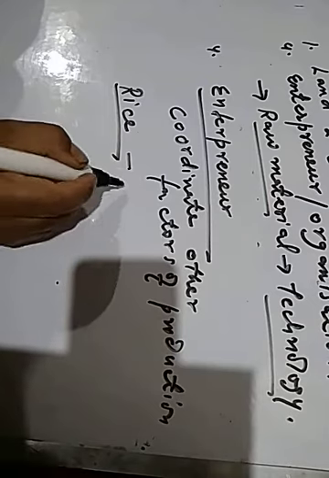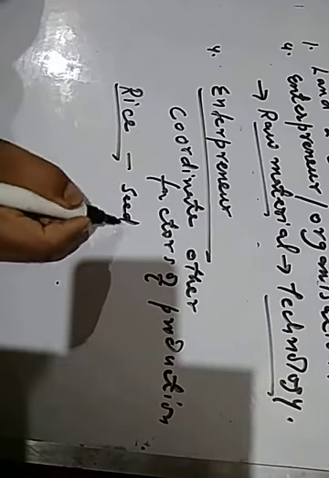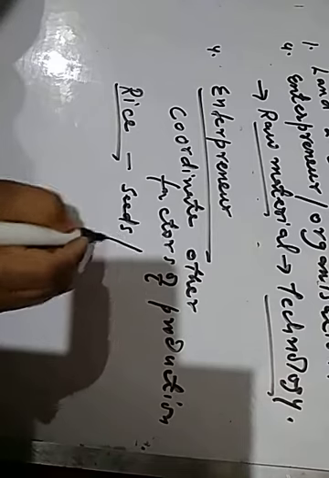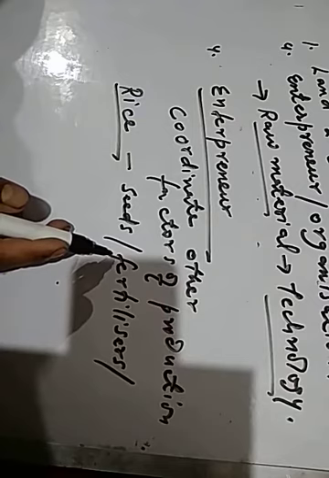For example, to produce rice, the inputs are seeds, fertilizers, this is the raw material, and besides this we need other inputs such as land, labor, capital.